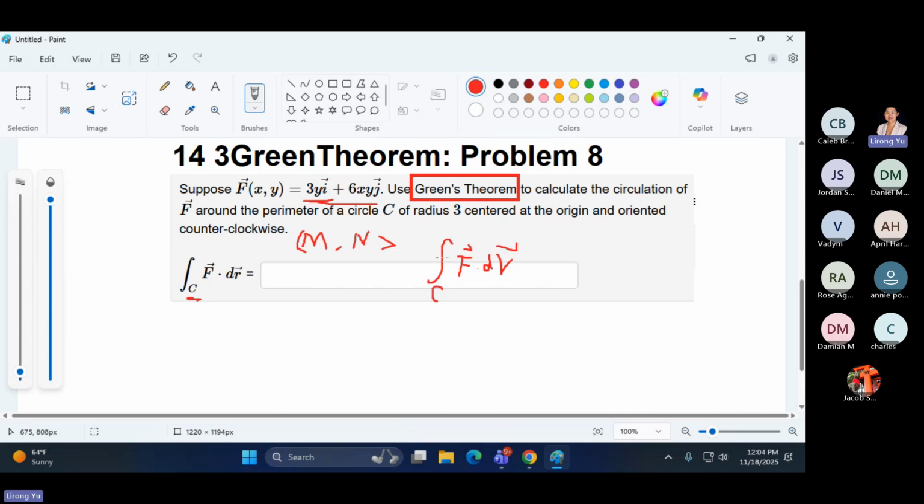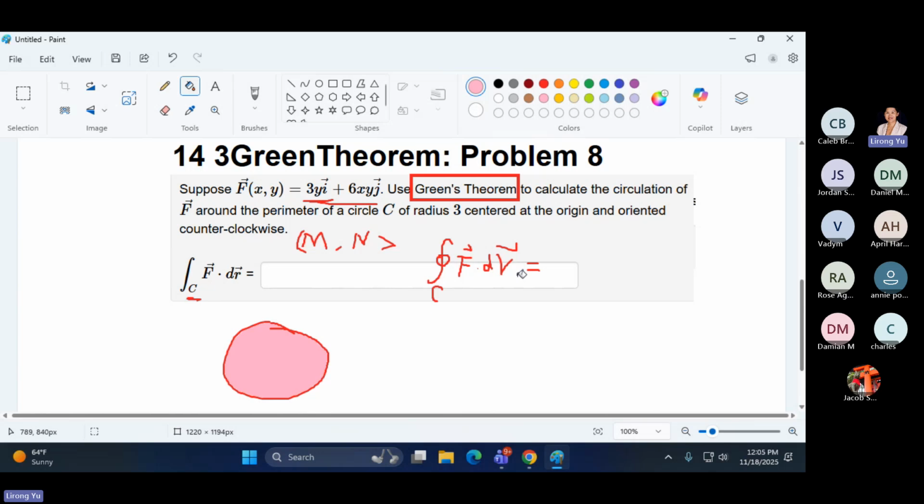It's the integration over a closed curve. This closed curve in the plane will enclose a region inside, a circle of radius 3. So then the double integral is over the area inside.